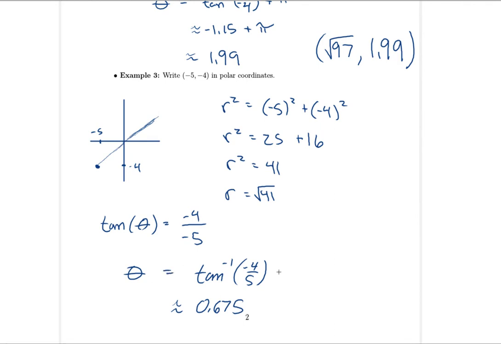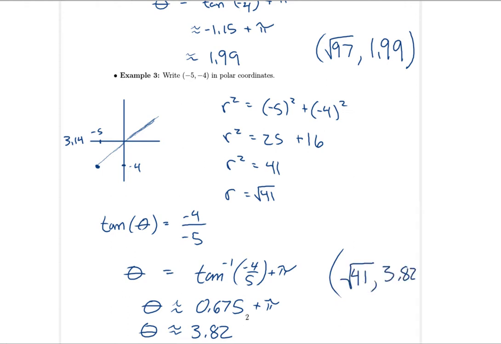So we say theta is that plus pi. So theta is approximately 3.82. And we know that 3.14 is here, so 3.82 certainly seems reasonable as the angle that I should get here. So we get r equals the square root of 41, and theta equals 3.82.